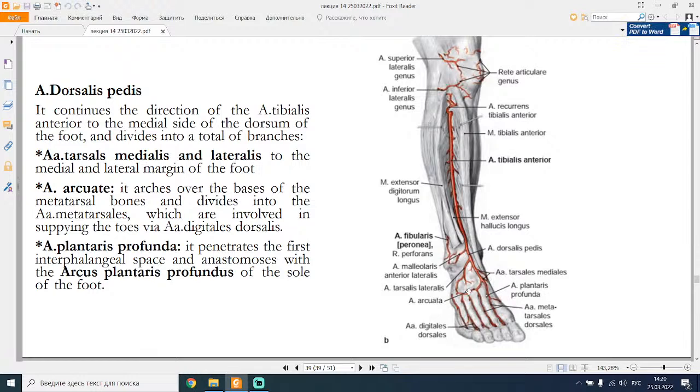Arteria arcuata arches over the bases of the metatarsal bones and divides into arteria metatarsalis, which are involved in supplying the toes via arteria digitalis dorsalis.